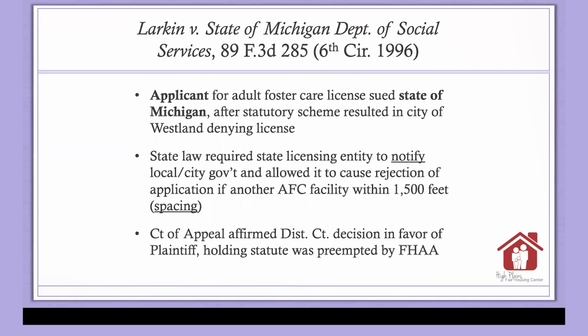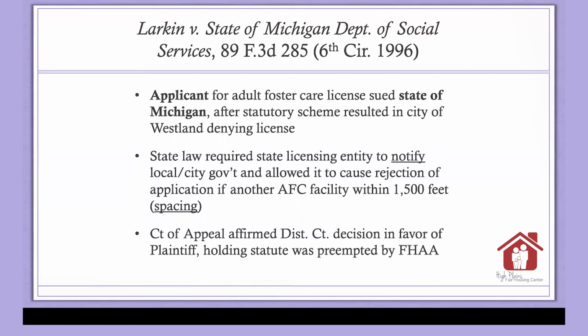After the state's statutory scheme resulted in the city of Westland denying the application for the license, there was a state law in place that required state licensing entities to notify local city governments and allowed it to cause rejection of applications for these adult foster care homes if there was another adult foster care facility already in the neighborhood within 1,500 feet.